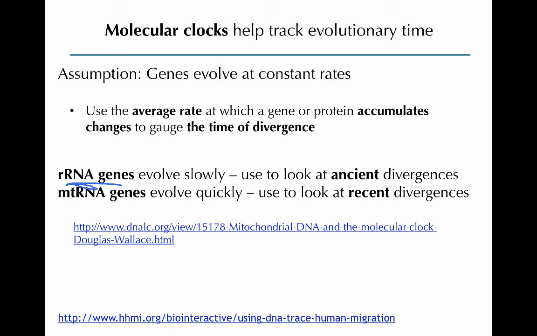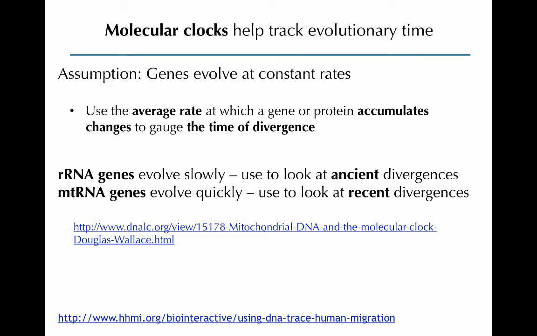That's its job in the ribosome, helps put those amino acids together, and the organism dies. So it's very infrequent that a mutation occurs that is not going to kill the organism. So it's a very slow evolving gene. So when we want to look at events that happened very long time ago, and we're talking things like the divergence of bacteria and eukarya or something like that, we use rRNA genes.